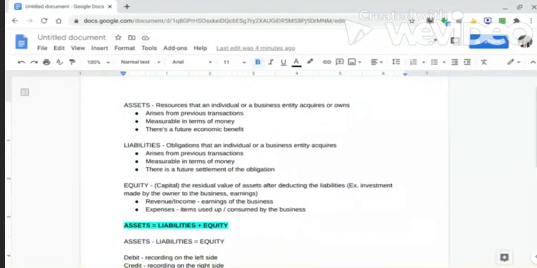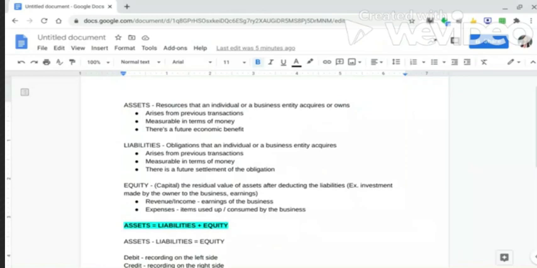Yes, there will be a delivery expense if there is a previous transaction. Yes, it can be measurable in terms of money, but is there a future economic benefit? Once na binayaran mo na yung delivery at na-deliver na yun, that's it. So I guess it doesn't meet the last criteria.